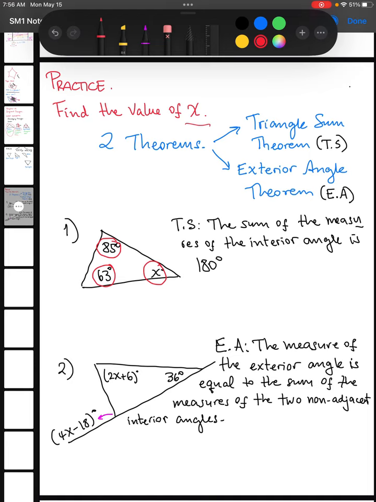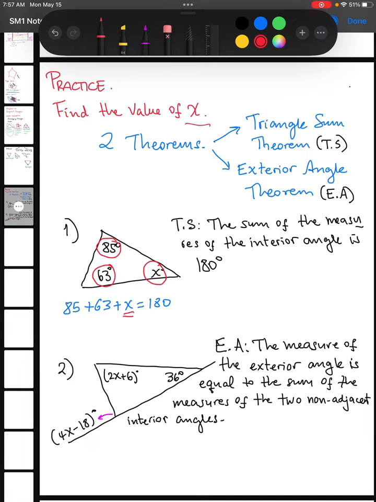There is a theorem that tells us that the sum of 85 and 63 and x, no matter what, in two-dimensional geometry or on a plane, the sum of the three interior angles of a triangle is always going to be 180. So we just set up an equation where we need to solve for x.